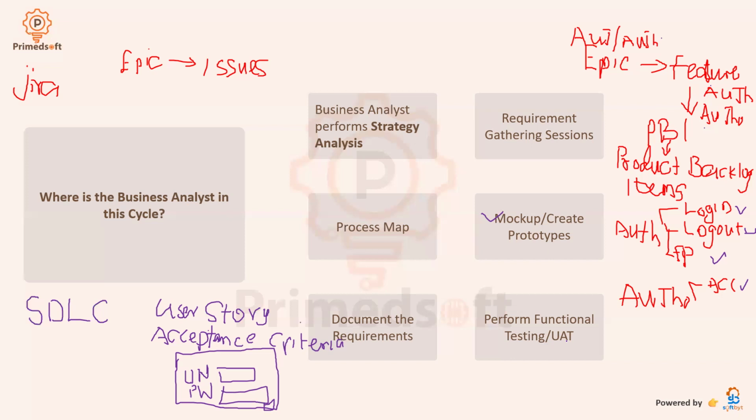When they are done testing it and they are happy, the next level is go live. You publish, you deploy the application, and everyone will start using it. So you can see in this process, you are going to gather requirements, document, build process maps.